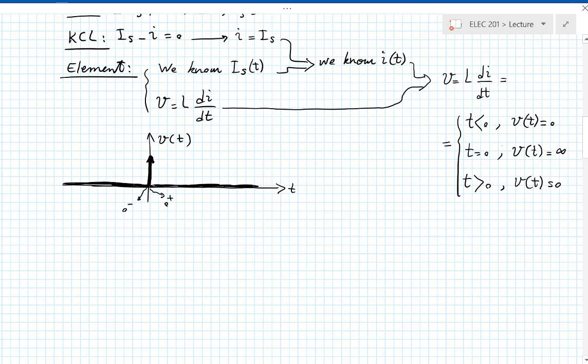Now, what is the height of this delta function? What is the height of the delta function in general? Well, it's infinity, but do we have to say something about it?